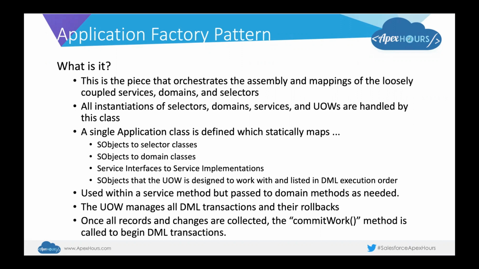We are in a position where we can swap out one implementation for another. And you say, why would you want to do that? That helps with things like the mocking framework and the ability to mock certain sections of the code base and swap them out. A single application class actually defines all the static maps for the selector classes, domain classes, and interfaces, and we'll take a look at that in a minute.